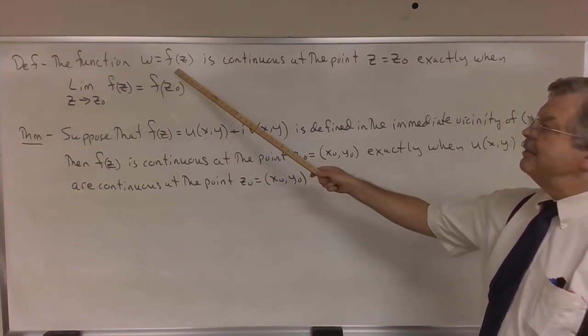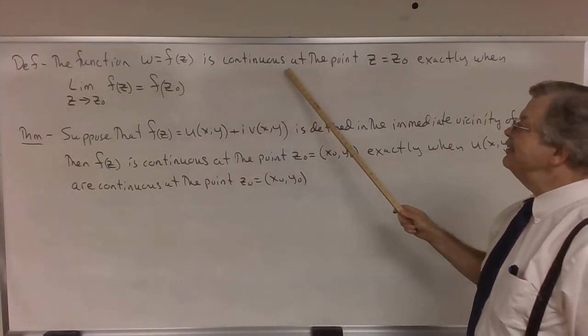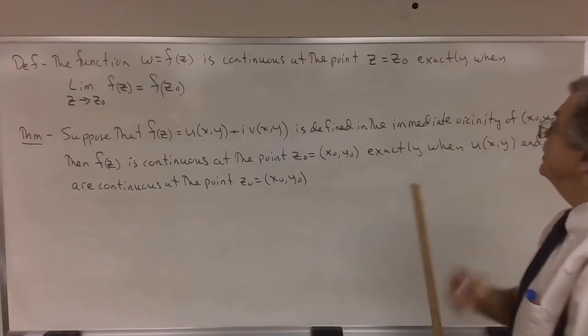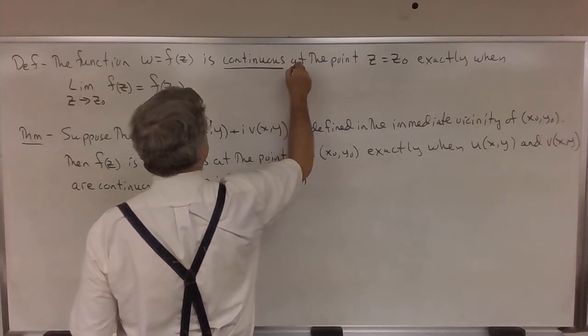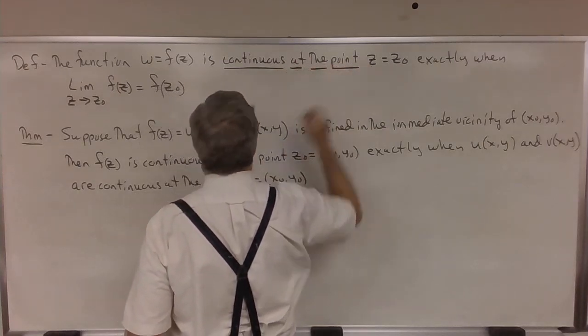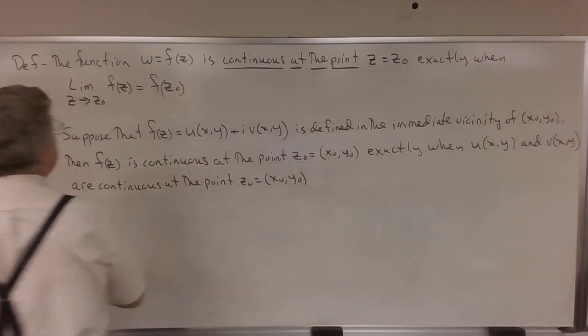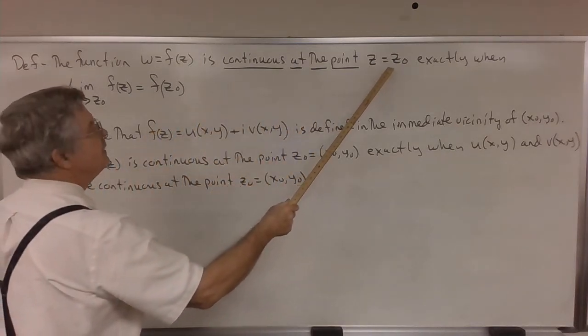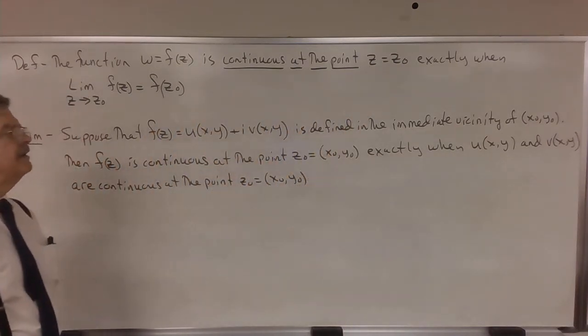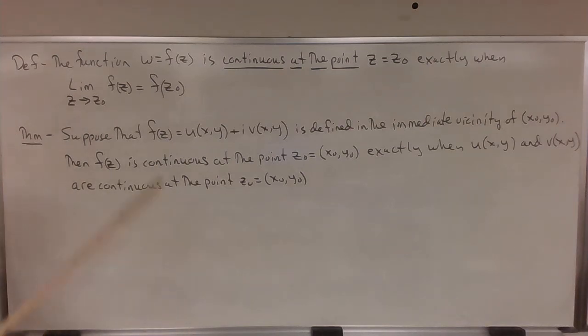The function w equals f of z is continuous at the point z equals z naught, and I'm defining the term continuous at the point. W equals f of z is continuous at the point z equals z naught exactly when the limit of f of z equals f evaluated at z naught.